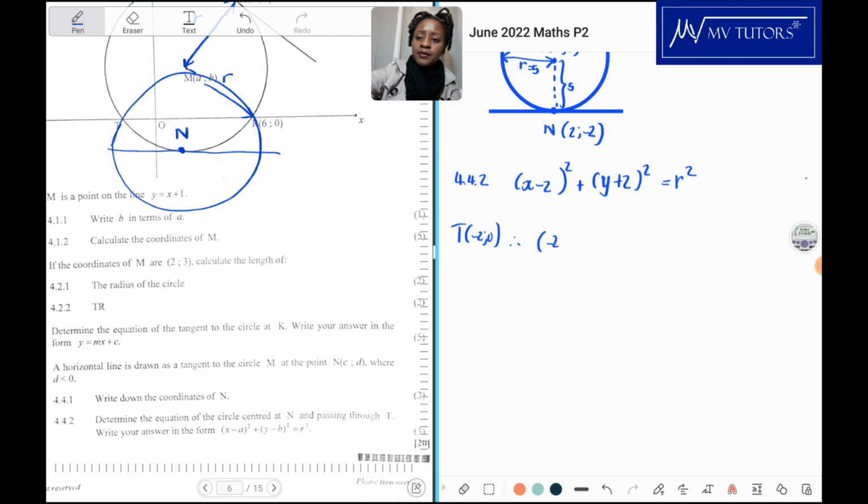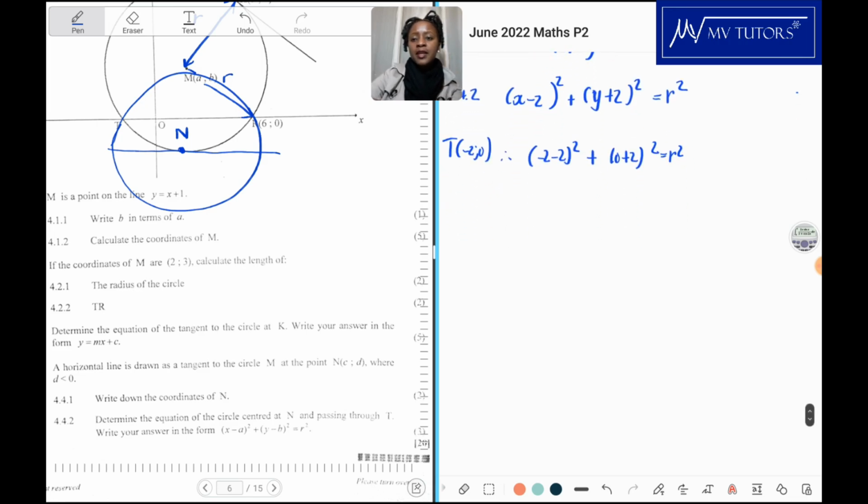Therefore, I have negative 2 minus 2, squared, and 0 plus 2, squared, and that's r squared. So I have negative 4 squared, that is 16, 2 squared, that is 4, and r squared. So basically r squared is 20 units squared. I'm just going to say 20.